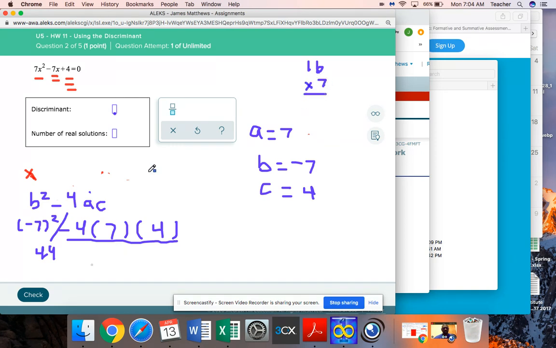If you didn't catch that, I did 4 times 4, which is 16 times 7. Or you can do 4 times 7, which is 28 times 4. Either way, you'll get the same thing. That's going to give me a 2, carry the 4. 7 times 1 is 7, plus 4 is 11. So it's going to give me a 1, 1, 2.